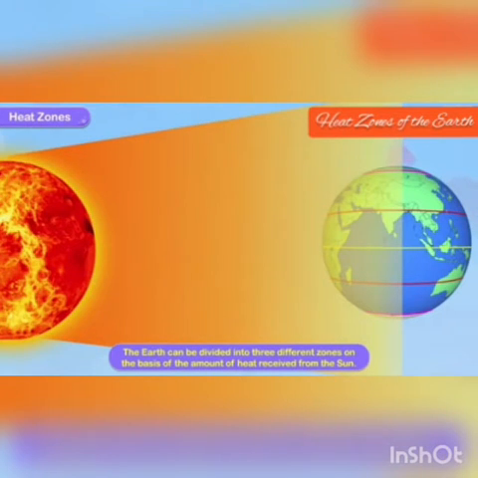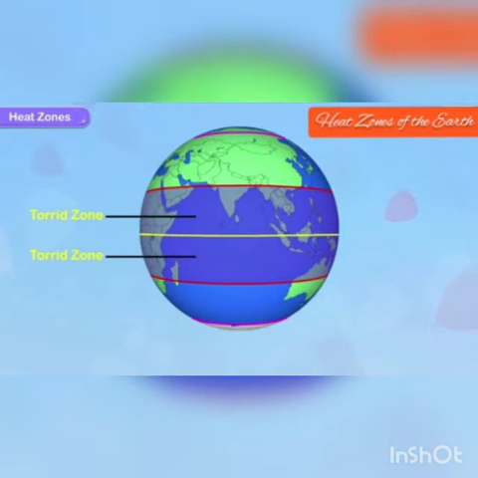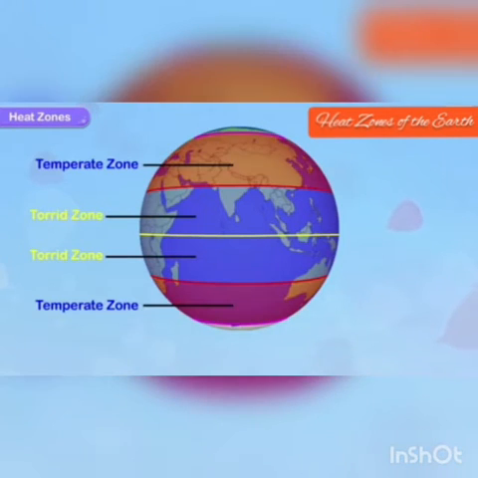The three different heat zones are the torrid zone, the temperate zone, and the frigid zone. Let's learn about the position and the climate of these zones. First one is torrid zone.